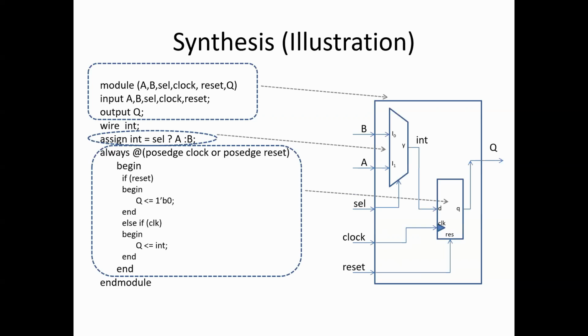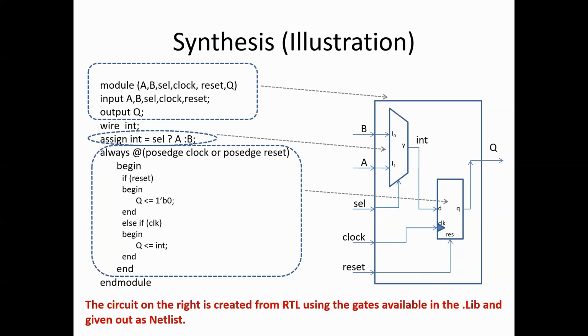Then I have a flop where the output of the mux is connected to the input of the flop, and the clock and the reset connections are made. And this is the conversion of the RTL in terms of the standard cell gates available in the .lib, and this is given out as a netlist.